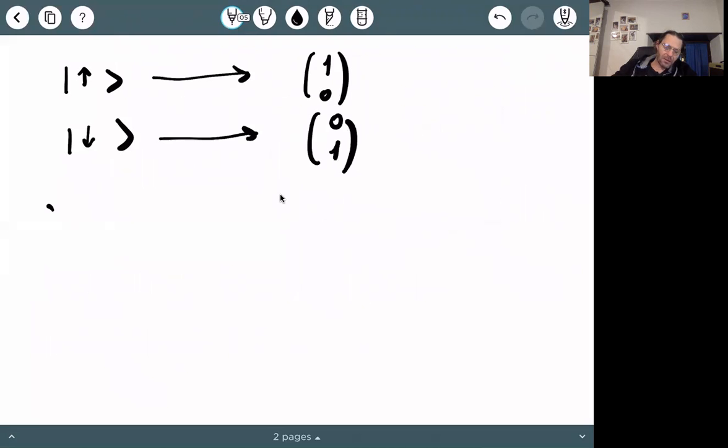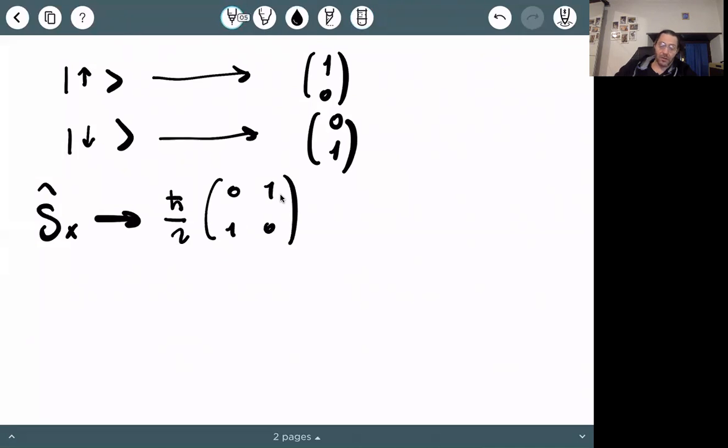And spin operators are associated with matrices. Of course, the matrices must be Hermitian because the spin is observable.